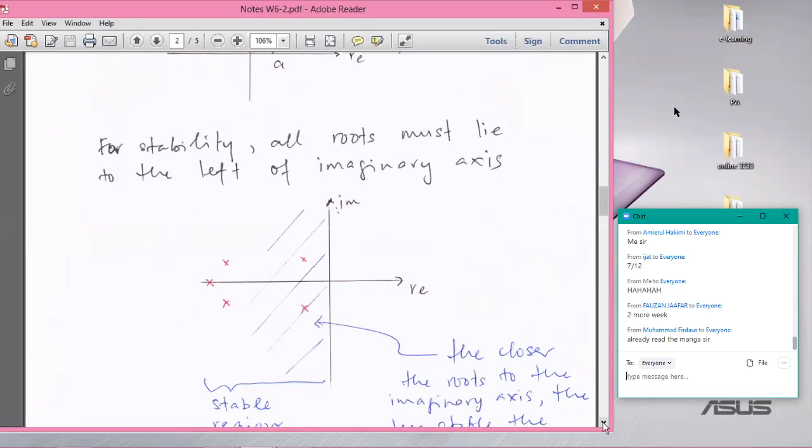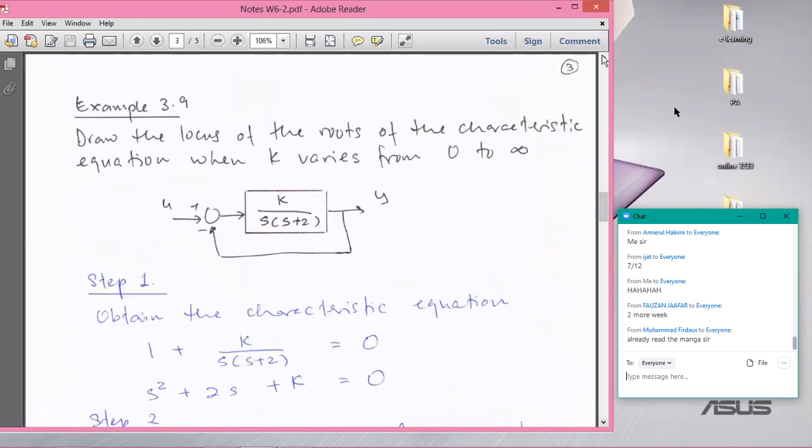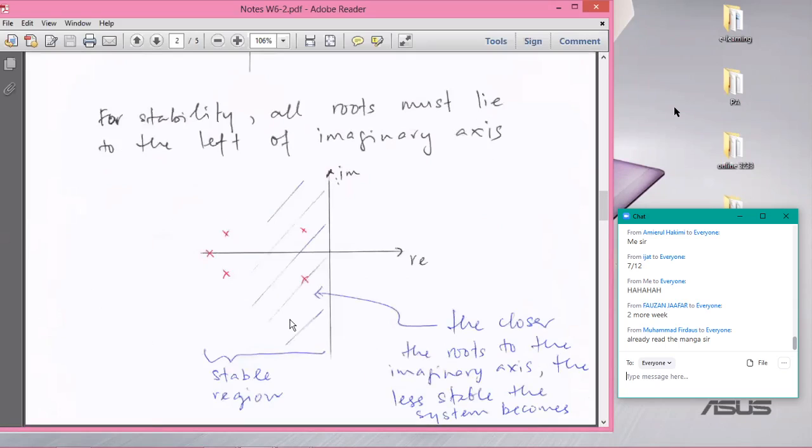For a short discussion here, we have noticed that the further away the roots are from the imaginary axis, the more stable the system becomes. The closer the root to the imaginary axis, the less stable the system becomes.